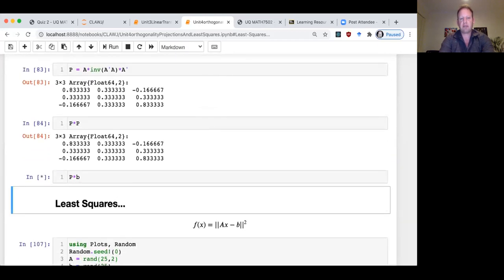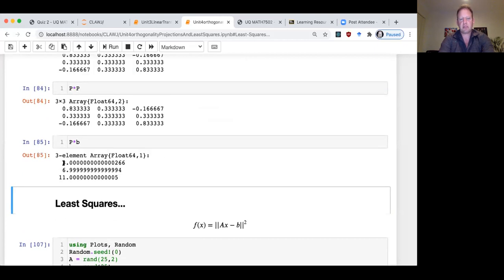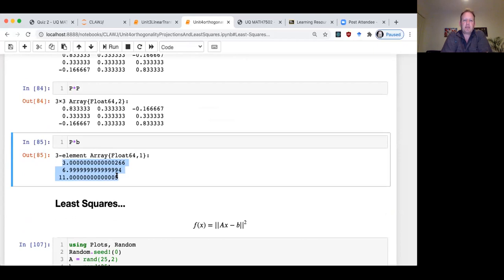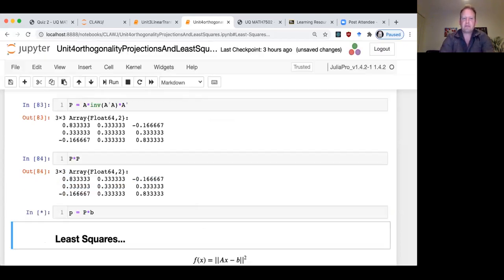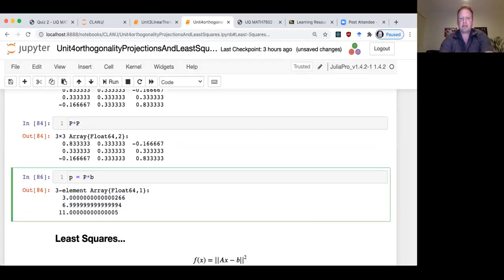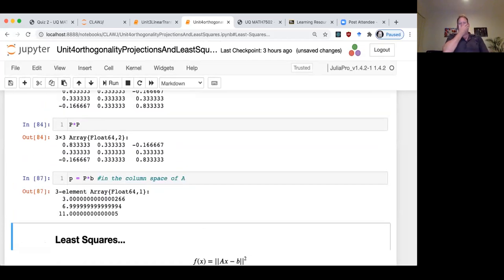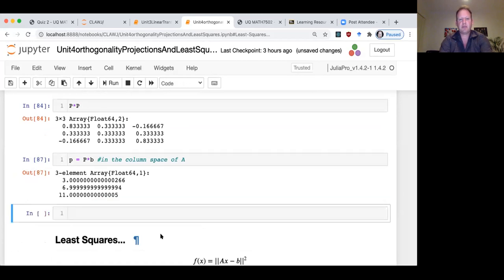Projection applied to B is this point. Let's call this point little p, and this is in the column space of A. Let's see that this point is in the column space of A.